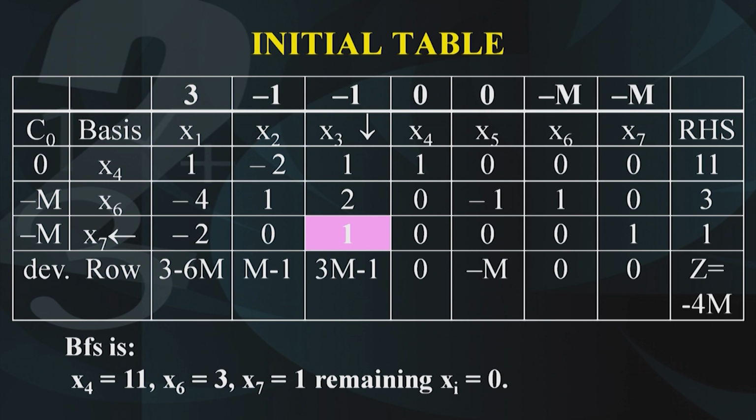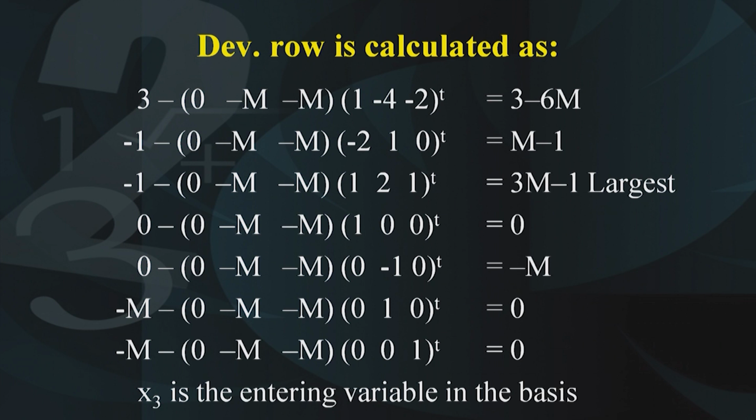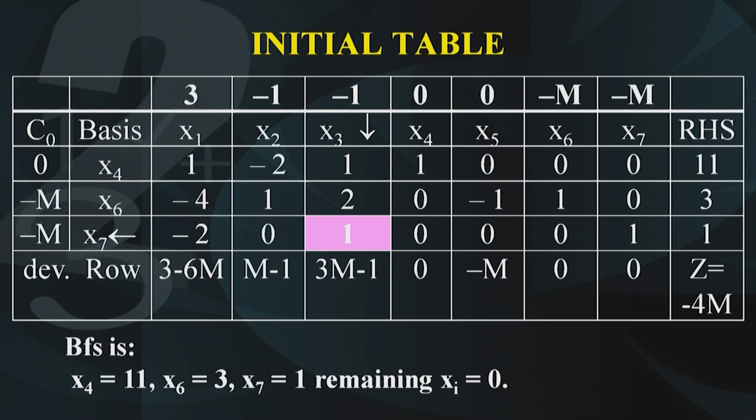Similarly, for x3 we have minus 1 minus 0, minus M multiplied by 1, 2, 1, and that gives us 3M minus 1. So, this value comes under the x3 column, 3M minus 1.